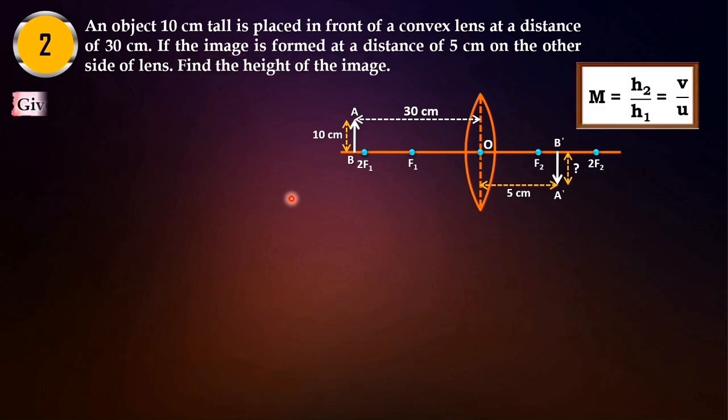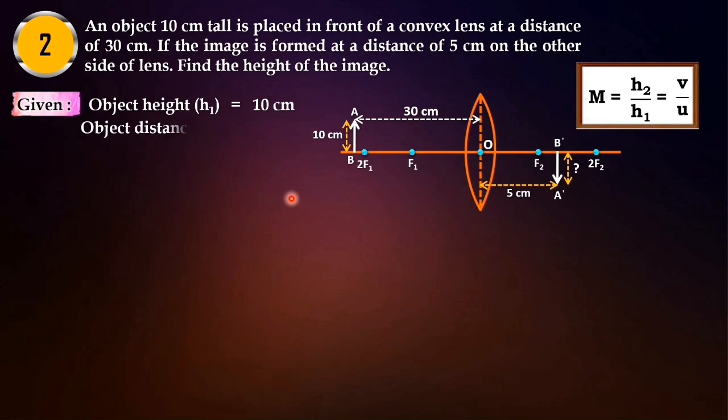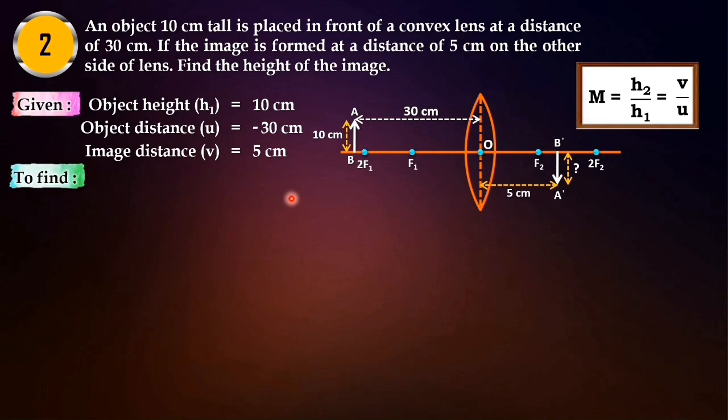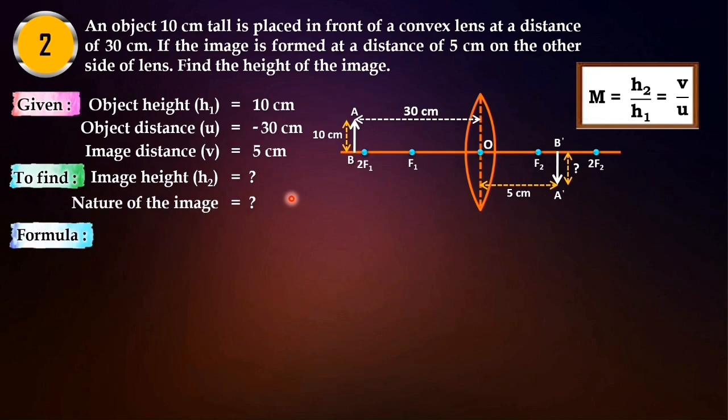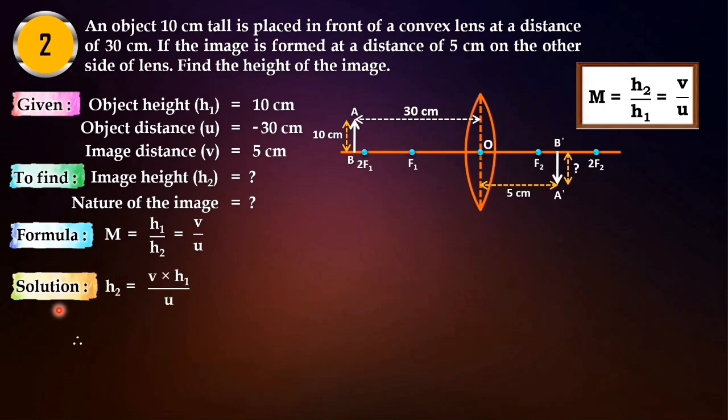Easy, right? Now see here, we are given object height h1 equal to 10 cm, object distance u equal to minus 30 cm, and image distance v equal to 5 cm. So you have to find out the image height and also find the nature of the image. Okay, so here we will use the magnification formula only, that is m equal to h2 by h1 which is equal to v by u. Now see the solution here.